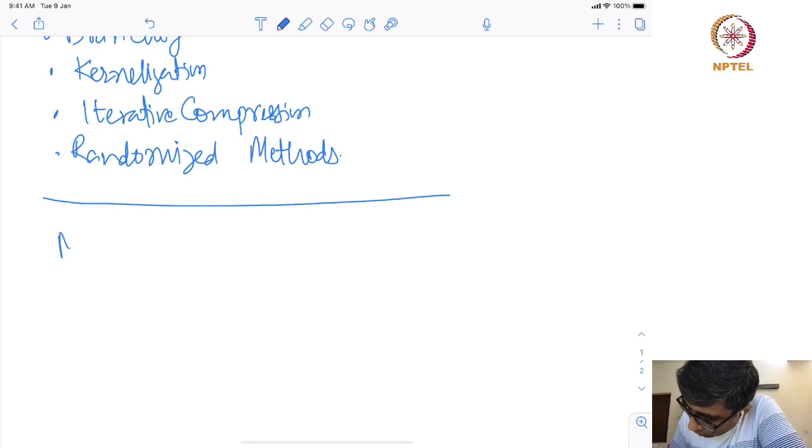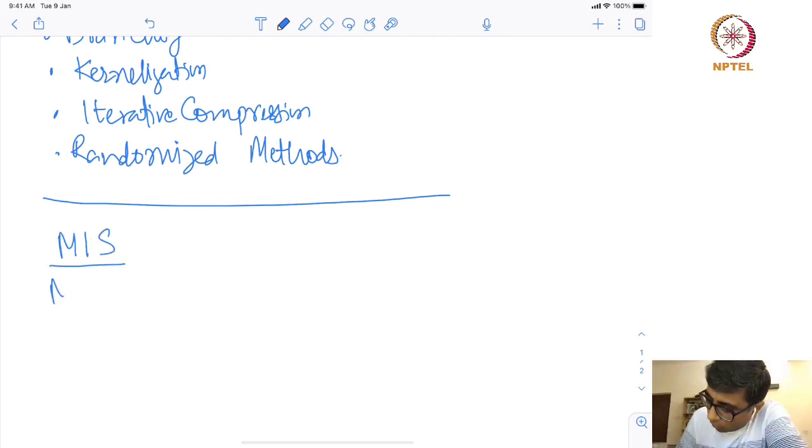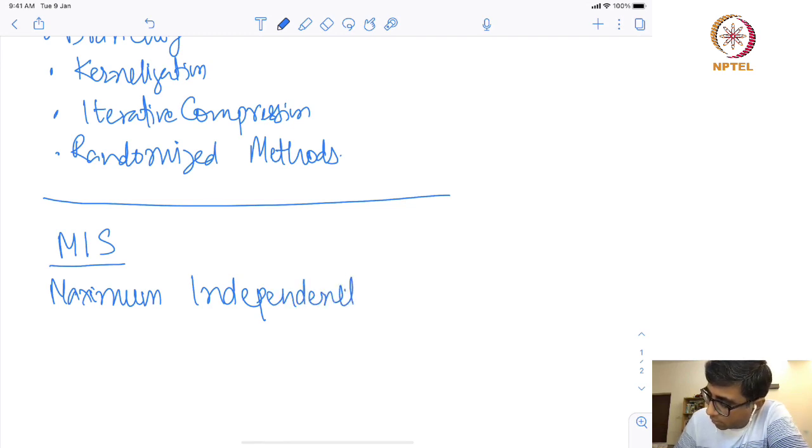So the problem which we are going to deal with is called MIS, or maximum independent set.